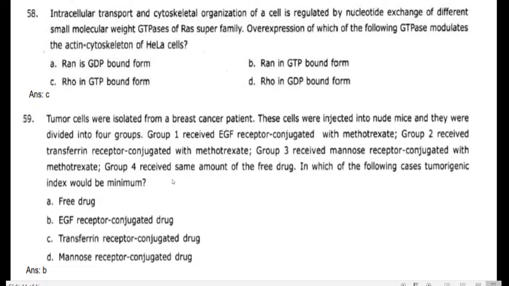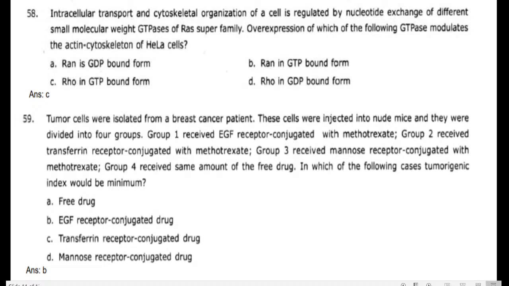And group 4 receives the same amount of free drug. In which of the following cases would the tumorigenic index be minimum? The tumorigenic index is minimum in the EGF receptor conjugated drug, so that is helpful to treat the tumor.